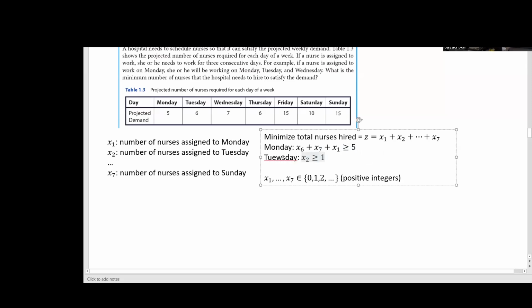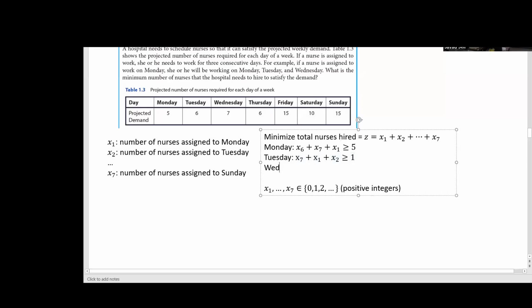Who works on Tuesday? X1 and X7. People who start on Sunday, X7 plus X1 Monday plus. Noah, you can see the answer now.